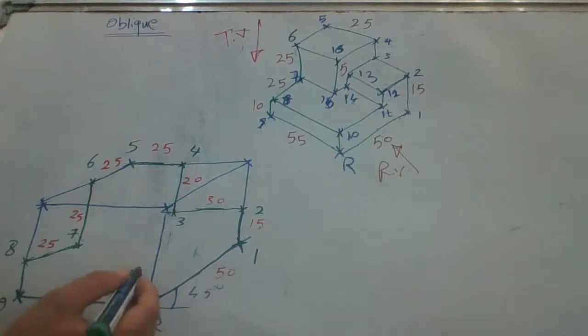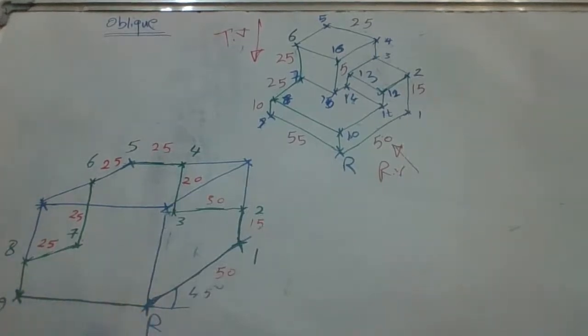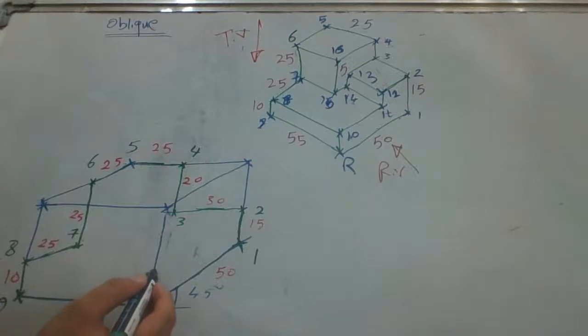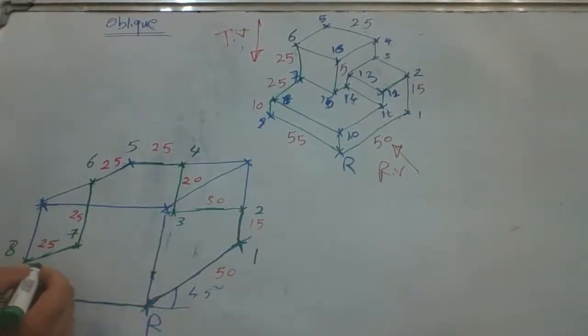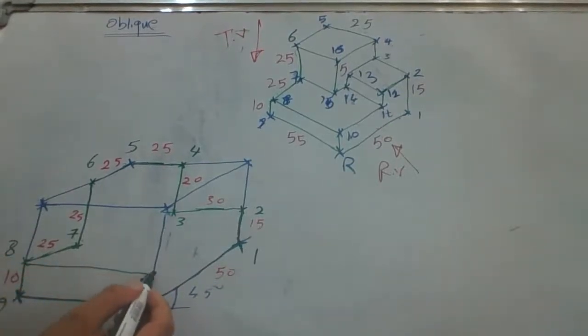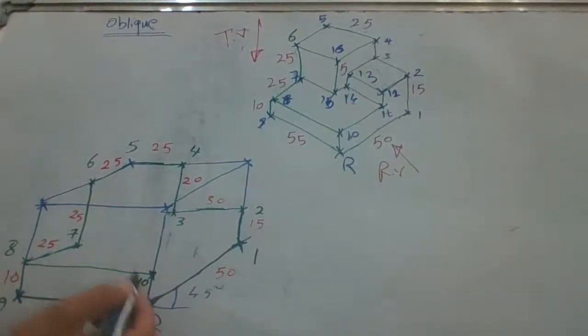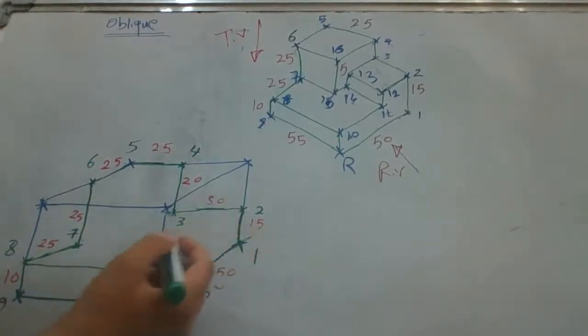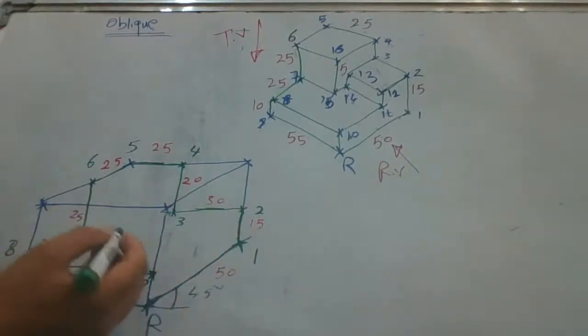Now from 8 to 9, 10, perpendicular line. Also from R to 10, in the same direction, also 10 millimeter. We stop here at 10.